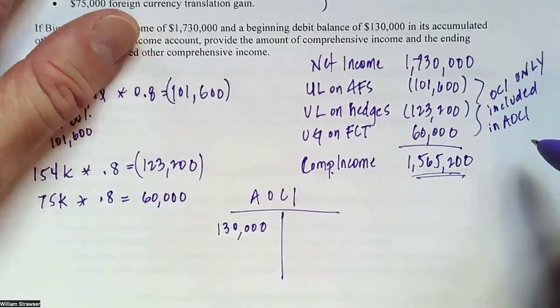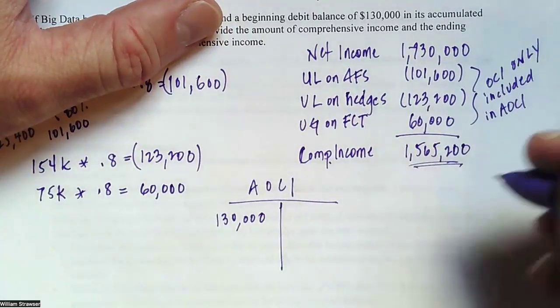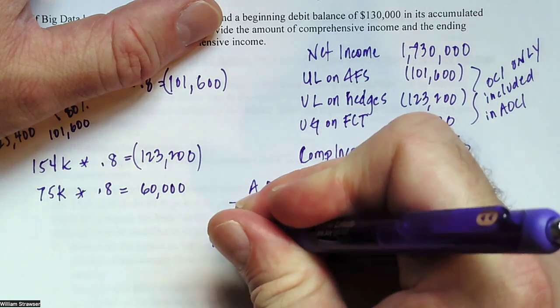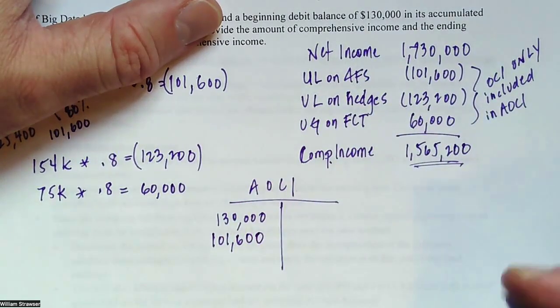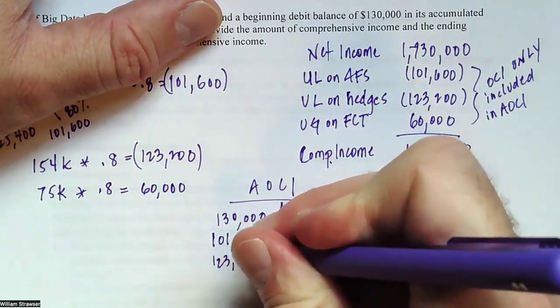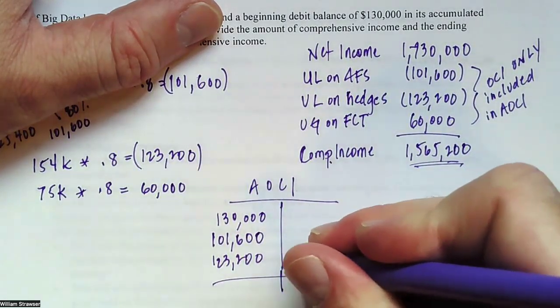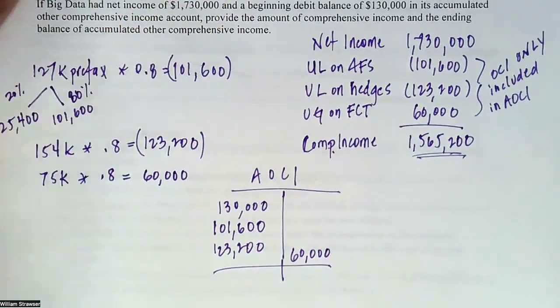The only thing that's left to do is to understand where losses and gains go. My losses need to go on the left-hand side. Think of them as losses, their debit accounts. They'll debit AOCI, 101.6, 123,200, and the $60,000 gain. So again, we just reconcile this account.